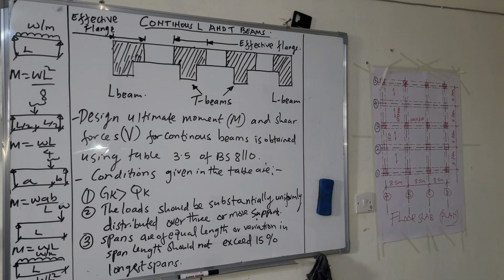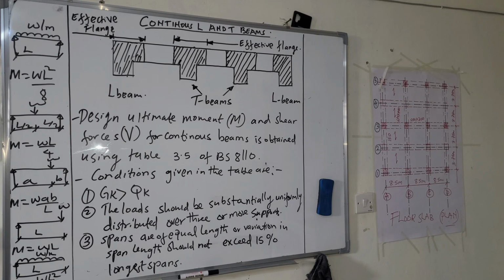But it comes a time where the supports exceed 2. It means you can have 3 supports, 4 supports, 5 supports, 6 supports, or even more. So how do you calculate design ultimate moment and shear force for such a case?